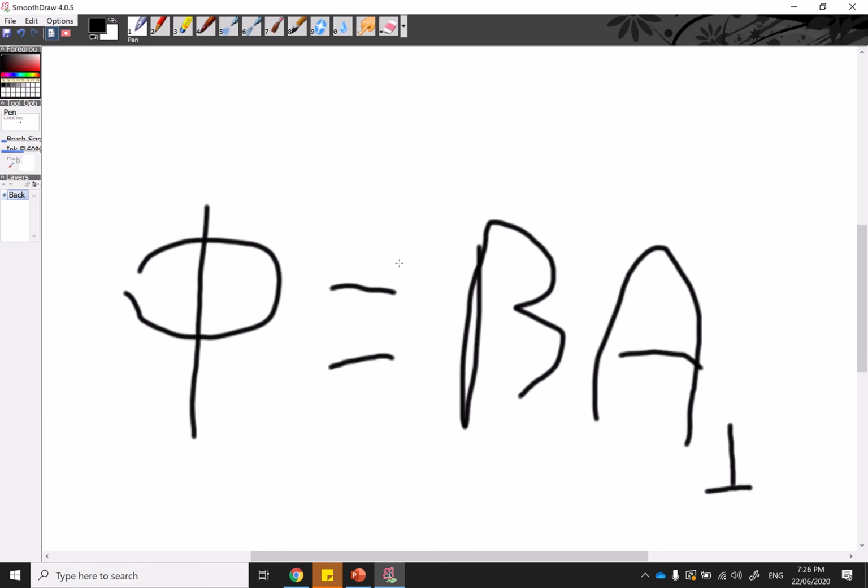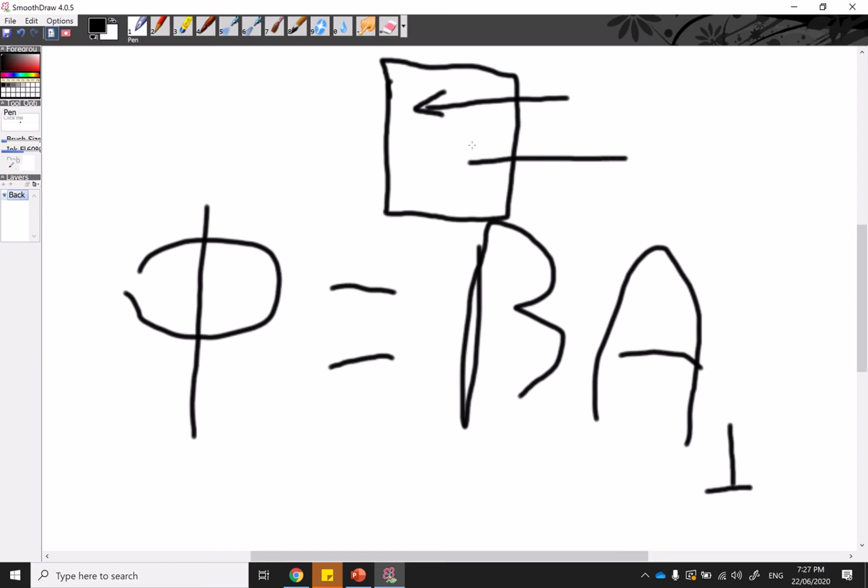Now this will be easier if we visualize it on this paper. Imagine there's a plate, a sheet, whatever it is, and there's a magnetic field going through it. Let's draw two lines. This will be a pretty weak magnetic field.